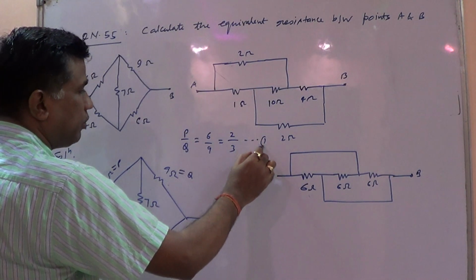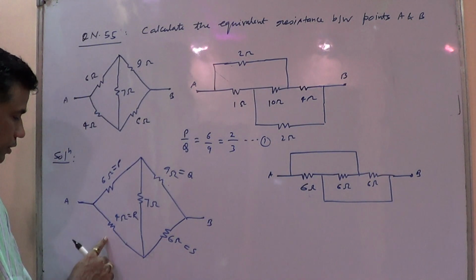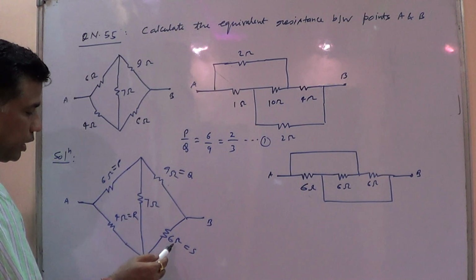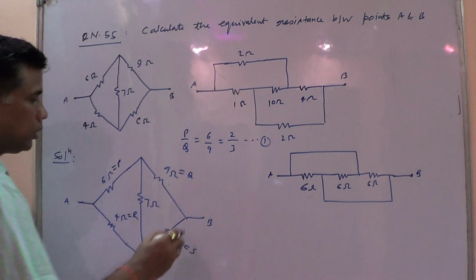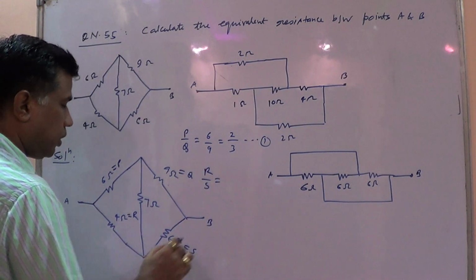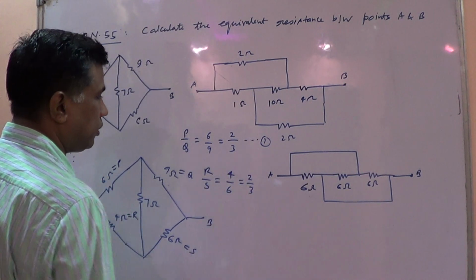Suppose this is equation number 1. Now we will find R by S. This value R is 4 ohm and S is 6 ohm. So R by S is 4 by 6, which means 2 by 3.